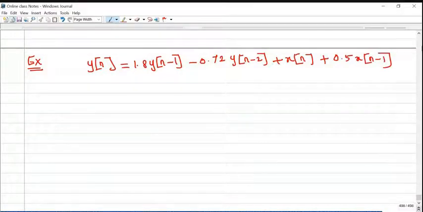Try to solve this problem and identify whether your LTI system is stable or not by checking the poles. Verify your result.